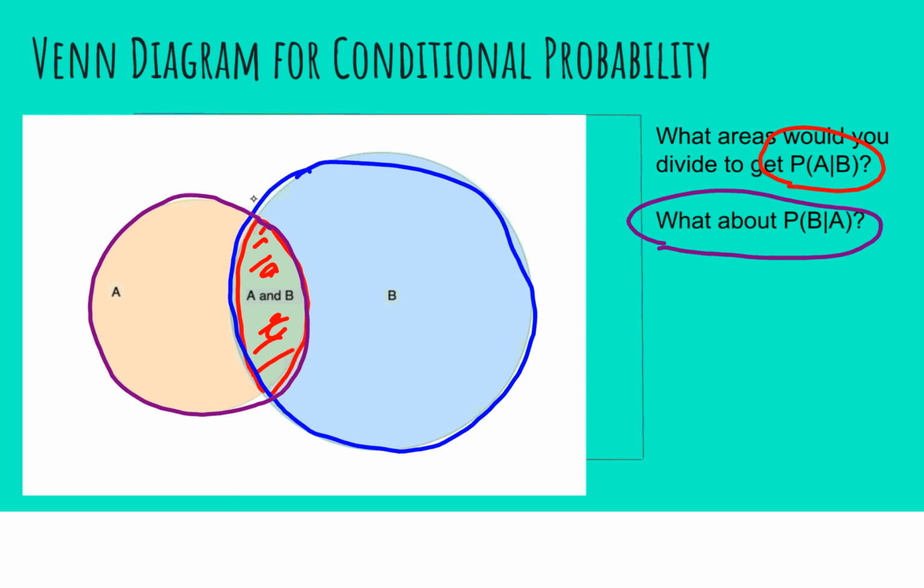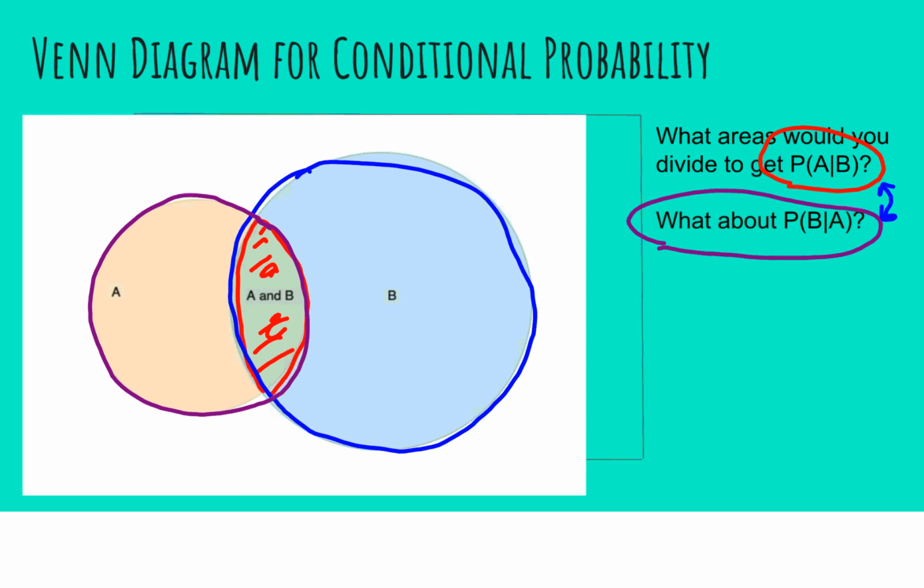And in this case, what you can see is that area A and B takes up a much bigger section of circle A than it does of circle B. And that means you've just learned a very important lesson about conditional probabilities, that these two probabilities are not necessarily going to be the same. So if you change the order in a conditional probability, then the result you get is going to change. And that's going to be really important to understand what we're going to talk about next.